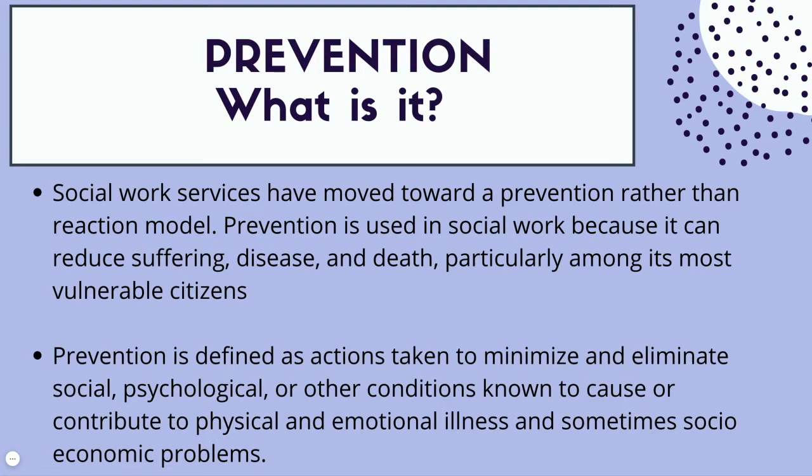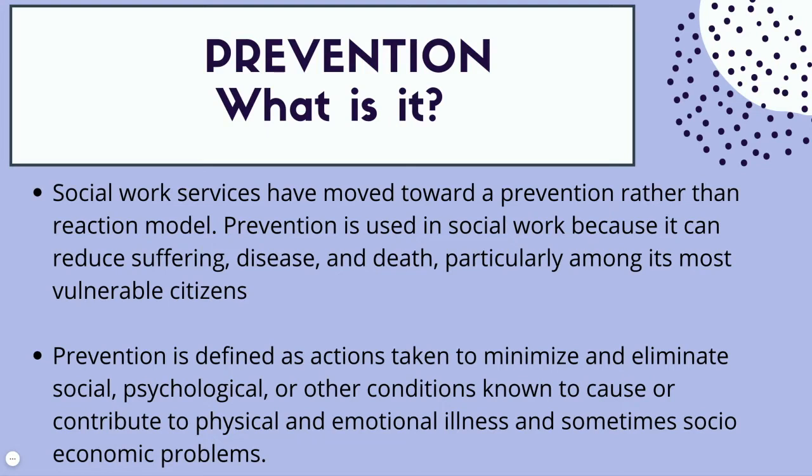Why it's used in social work is because, like I said, we're trying to target a large amount of people. We're trying to stop the spread or the development of disease, death, suffering. And prevention work's really important because it can protect and be really helpful among our most vulnerable citizens. So whether that be age-wise, socioeconomic-wise, or health-wise, prevention work is important and it matters.